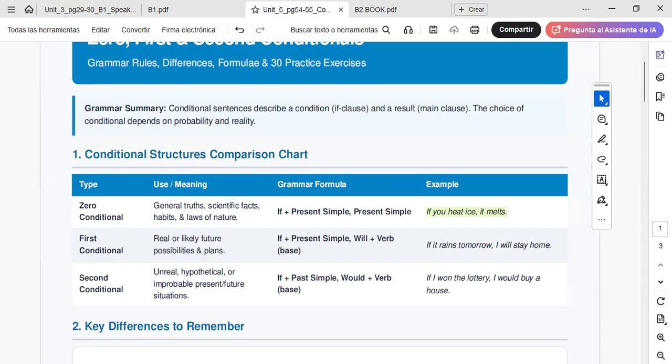Okay. It's missing. No, we're full. Wonderful. Everybody's here.